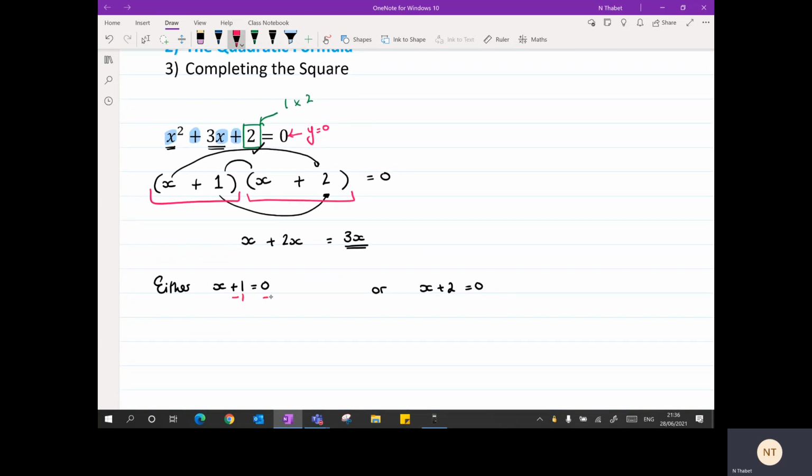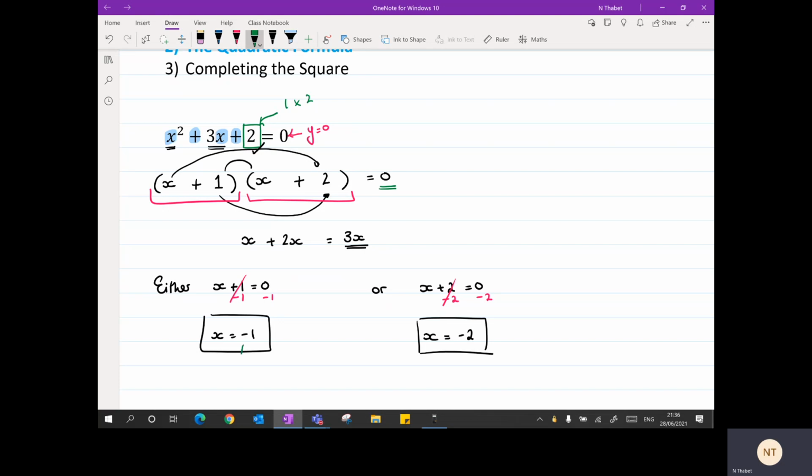Solving that equation means that x equals -1, and solving the other equation means that x equals -2. And you get two answers, two values for x. If you use either of them, you'll get a final value of 0.